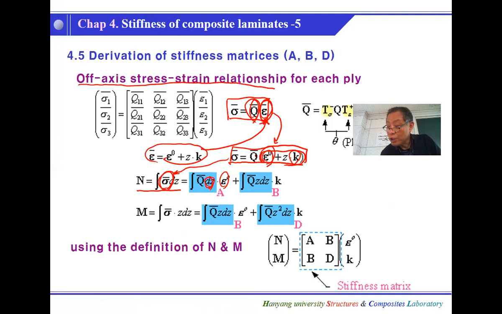And second term, Q bar and z, okay, z of course cannot get out of integration. But k, what is the k? Is it constant? Yes, it's a constant. So it's out of integration. But here, N is not just one component. N means what? N1, N2, and N6, right?